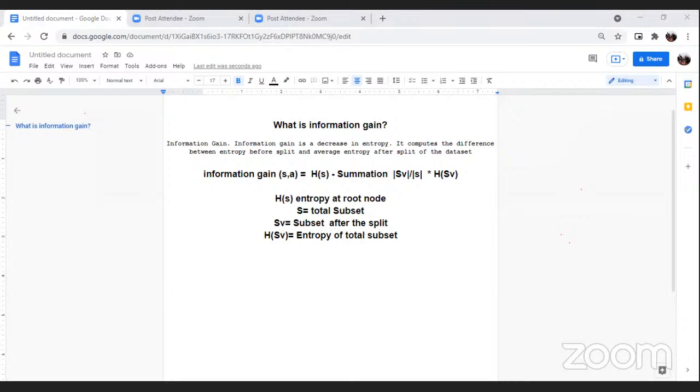So the higher the information gain is, the higher the chance of splitting the decision tree accordingly, right? Let's go to the next question.